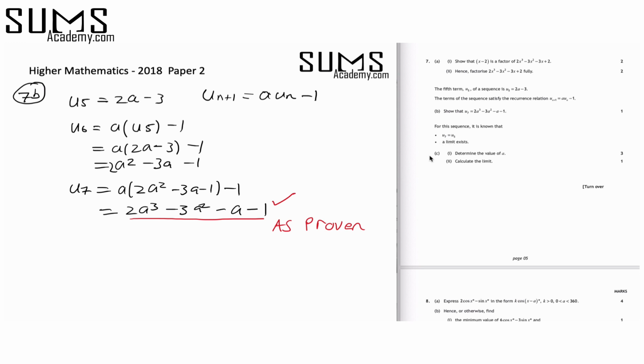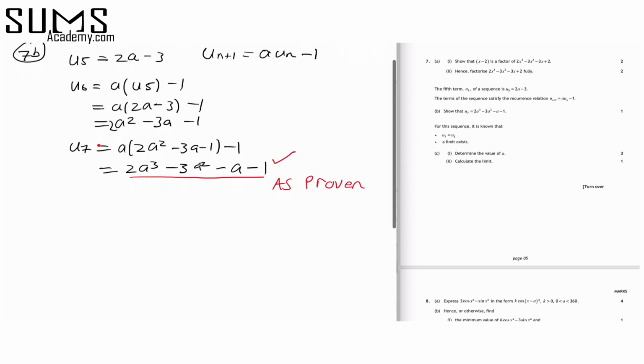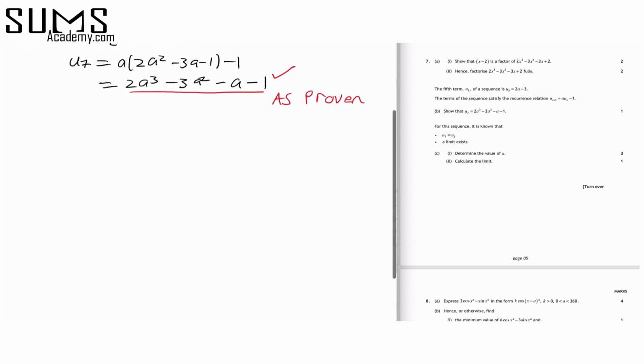So now we're moving on to part C, and we're told for this sequence it is known that u7 equals u5 and that a limit exists. So we're asked to determine the value of a. So how can we do this? Well, part Ci. What we need to do here is put these two equations equal to each other.